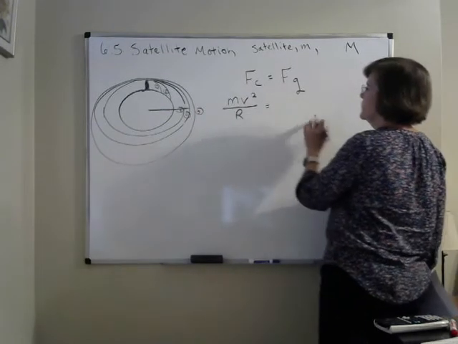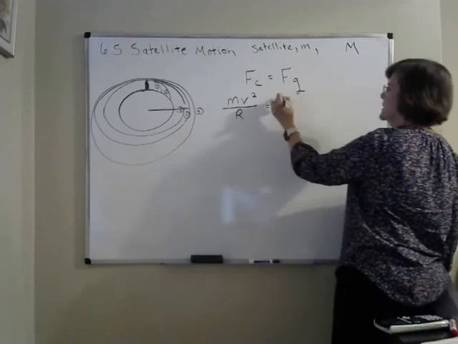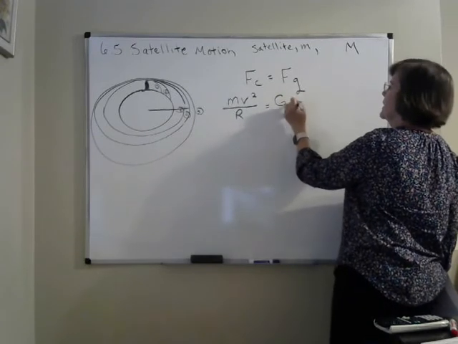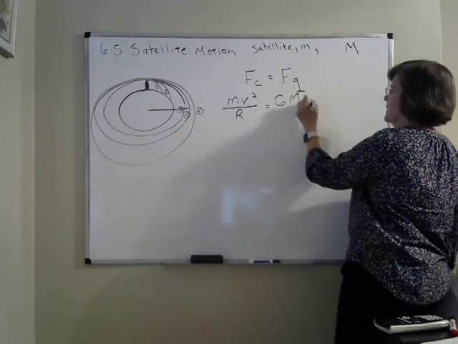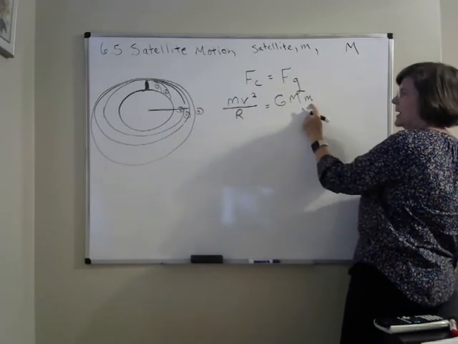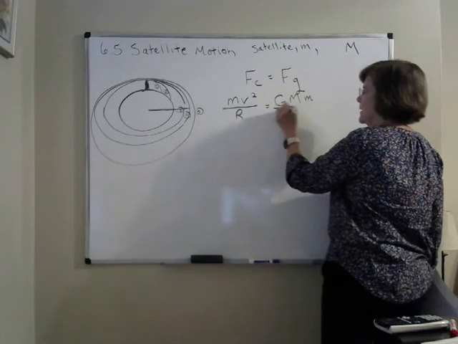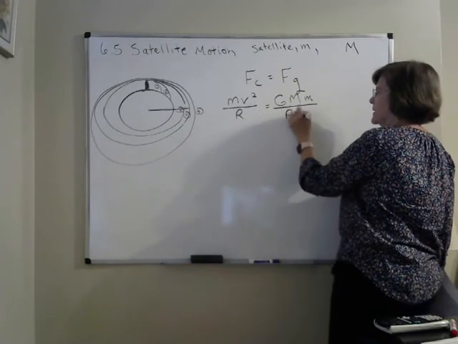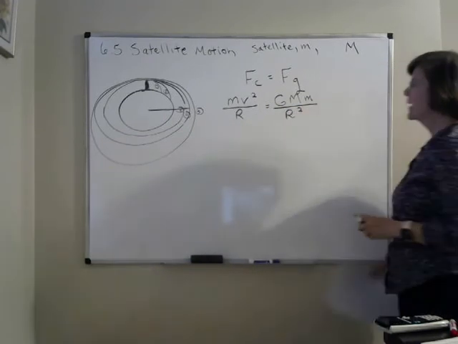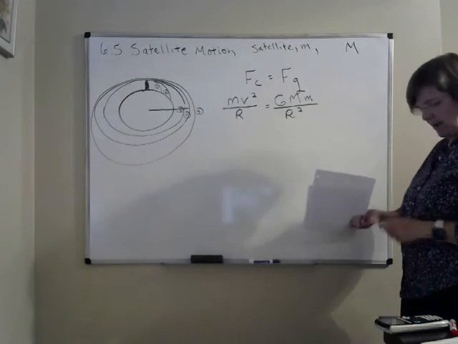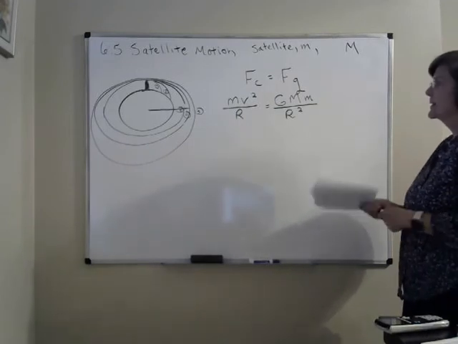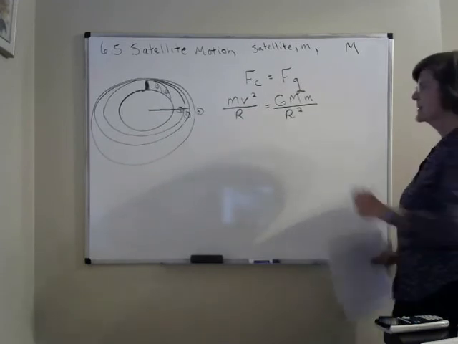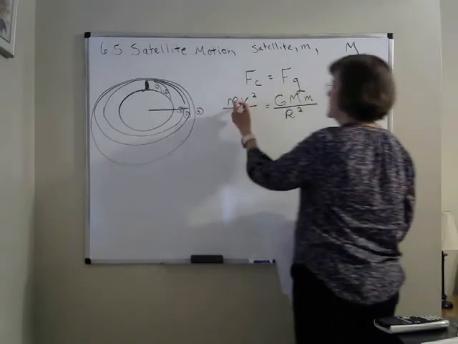The gravitational attraction between these two is capital G, mass of the planet, mass of the satellite, over this orbital radius squared. Well, right away we see one thing that's obvious is this speed does not actually depend on the mass of the satellite. We have a lowercase m on both sides, they'll cancel out.